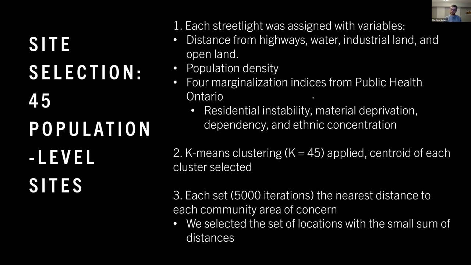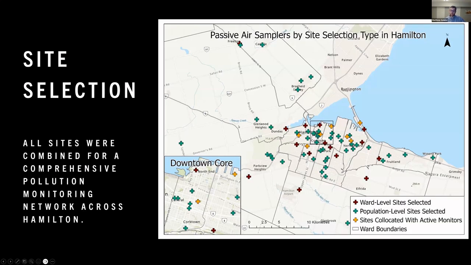So we wanted to make sure to capture high areas of risk and areas of low risk, so we could combine those. We selected these 45 population sites to really capture those characteristics we thought would be important in understanding how air pollution not just varies across space, but across how our population in Hamilton varies. And this is what we came up with.